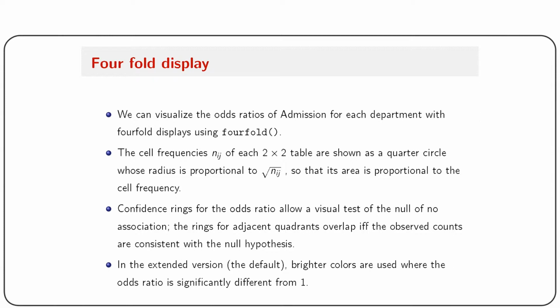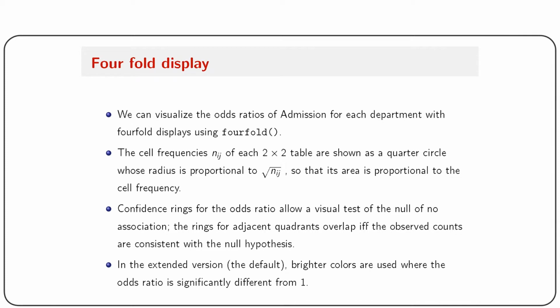We can visualize the odds ratio of admission for each department with the fourfold display, a very useful display, using the fourfold function. The cell frequency Nij of each 2x2 table is shown as a quarter circle whose radius is proportional to the square root of Nij, so that its area is proportional to the cell frequency.